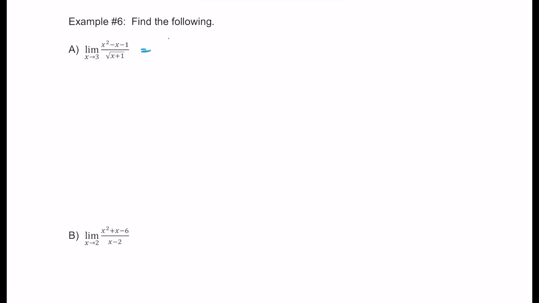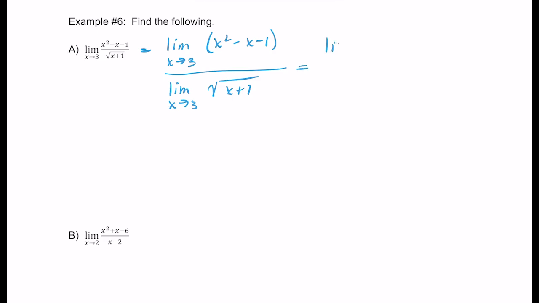So if I notice I have a quotient, so I'm going to split this up into the limit of x squared minus x minus 1 as x approaches 3 all over the limit of the square root of x plus 1 as x approaches 3. And in the denominator I can apply my rules for limits. So I'm just going to leave the numerator alone.